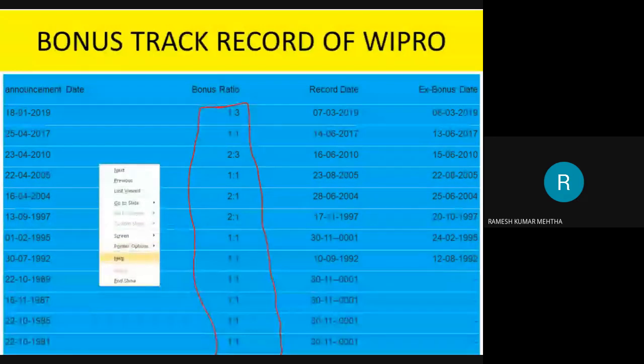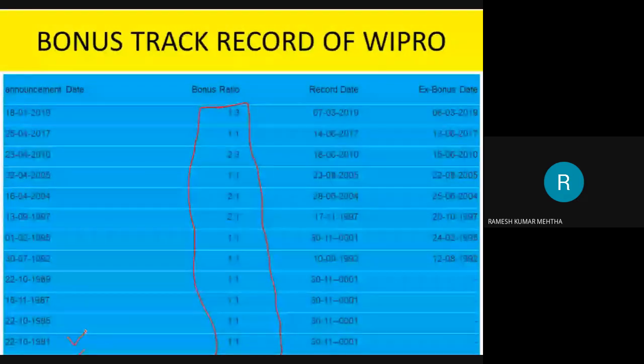All these years, as the reserves and surpluses are increasing, as the profit is increasing, and as the retained profits are increasing, the company is able to declare bonuses from year to year.